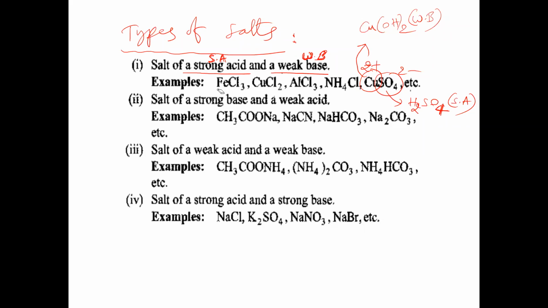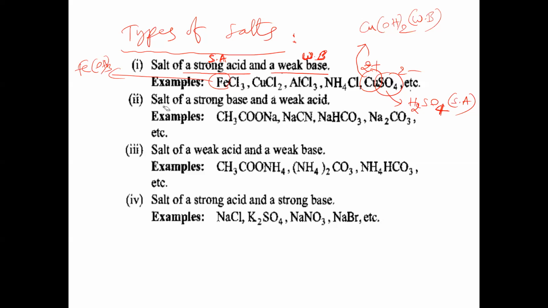And Fe plus 3 ion comes from Fe(OH)3, ferric hydroxide, and Cl minus from strong acid HCl.